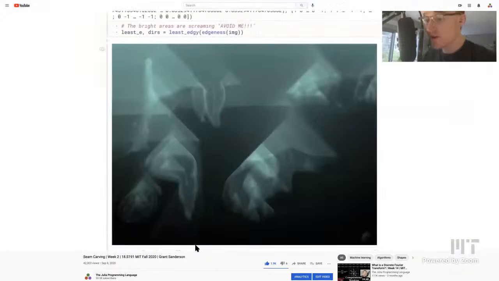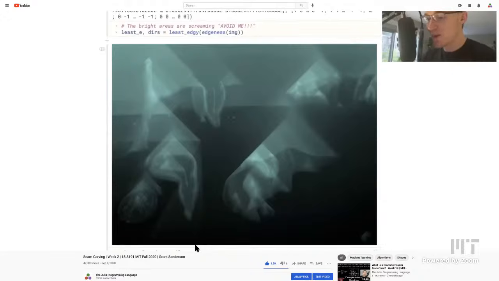So what we're going to do is look at each pixel and ask, hey, what is the path with least total energy towards the bottom? And in this context, what we mean by energy is the edginess of that pixel, measured with the gradient, like I was just describing. So if you say, hey, what's the minimal total energy for some path from this particular pixel towards the bottom, and then you assign it a color, this is what we get.